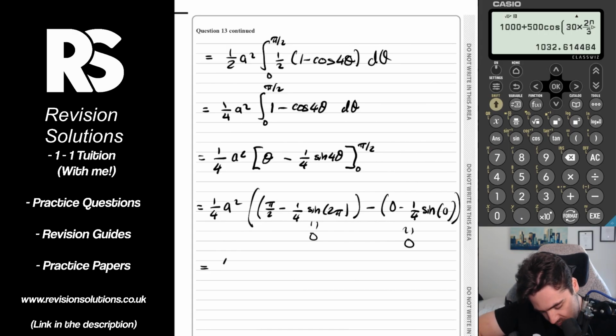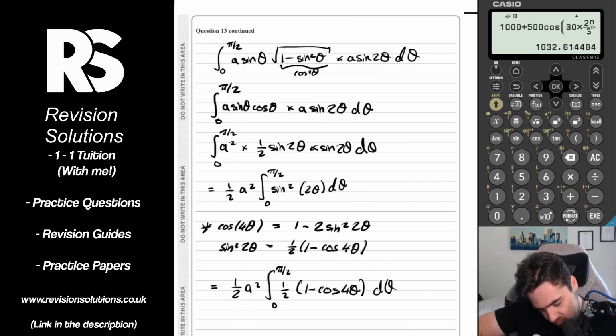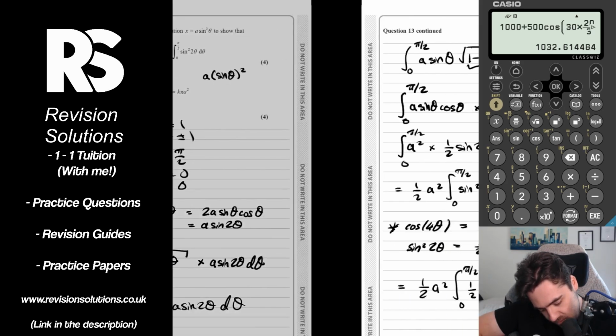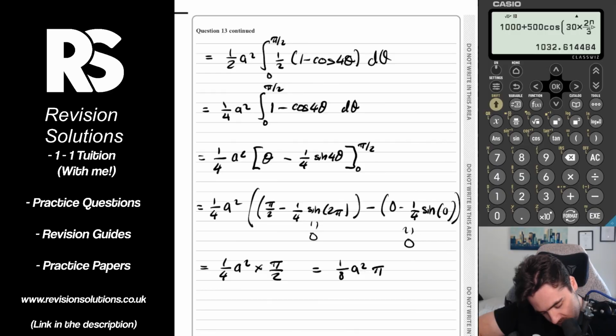So our final answer would be a quarter a squared times pi on 2, which is an 1/8 a squared times pi. Let's just check that's in the right form. Yeah, so k pi a squared. So our k is just 1/8.